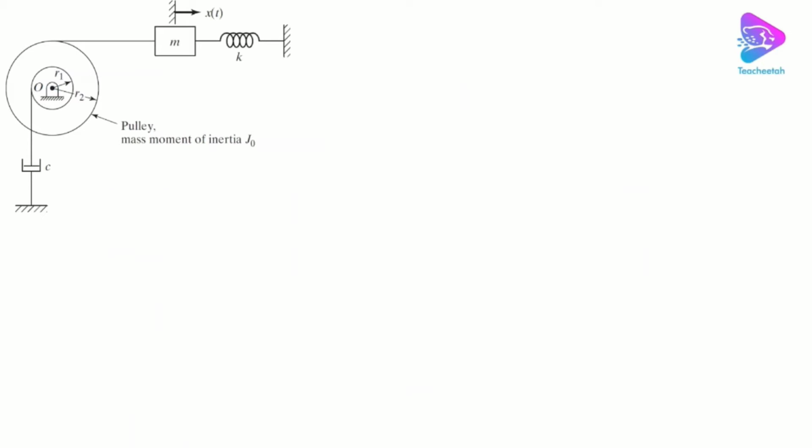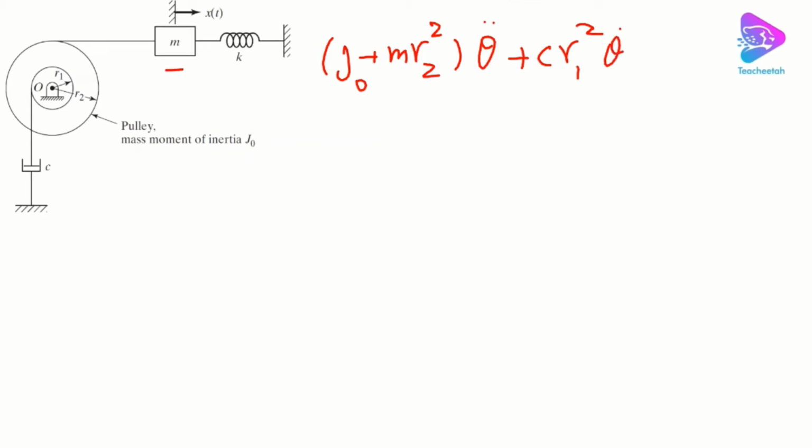If we do this, we get JO plus m R2 squared, this is from the x term, times theta double dot, where m is this mass, plus C R1 squared theta dot plus K R2 squared theta equal to 0. So this is the equation of motion after we simplify everything and put everything on the left hand side.